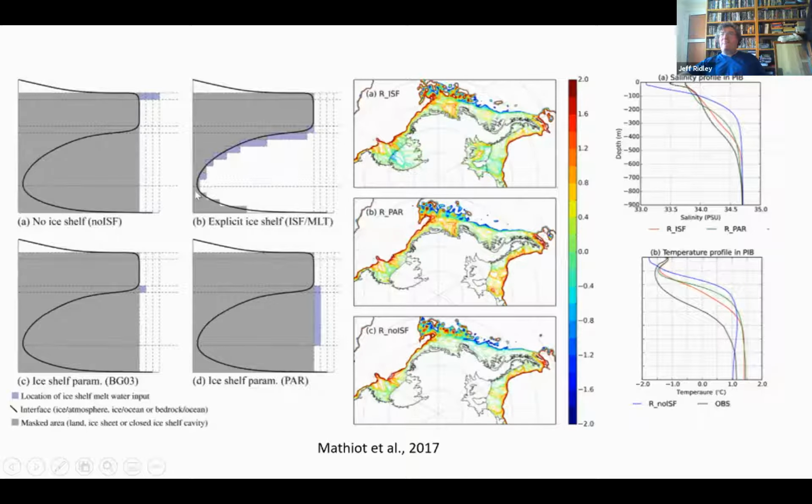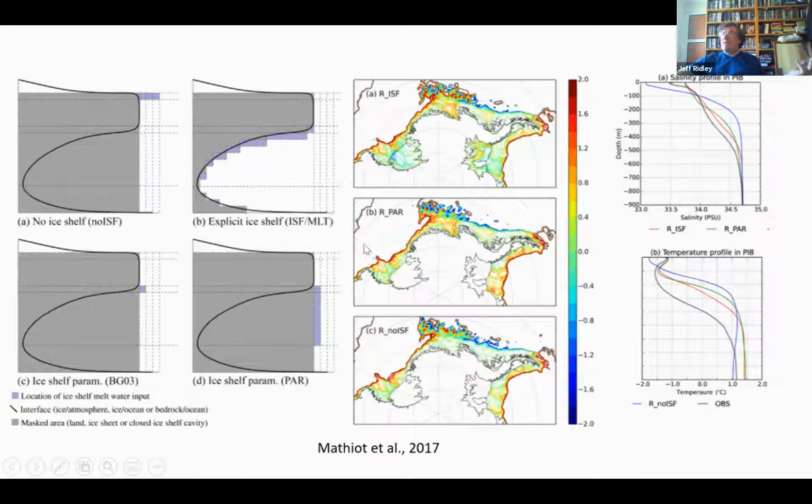So obviously the cavity forms its own water properties, but it's the meltwater we're interested in for sea level rise. And so we want to know whether any of these parameterizations do just as good a job with the same meltwater as the explicit ice shelf, same total meltwater.